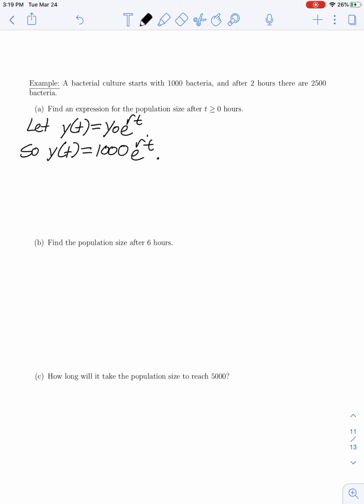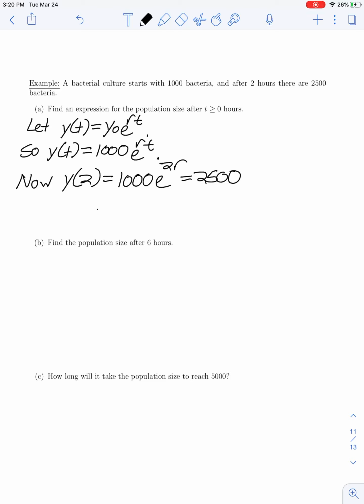Now, we still need to solve for the growth rate r. And in order to solve for the growth rate, we can use the information we're given about the population size after 2 hours. In particular, after 2 hours, or when t is equal to 2, our population size was 2,500. Now, if we plug in 2 for t in our solution, we have 1,000 times e to the 2r power, which is equal to 2,500, we were told.